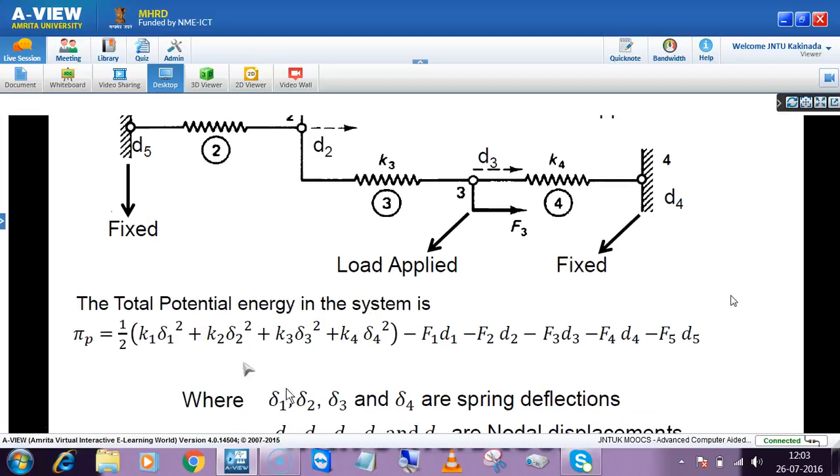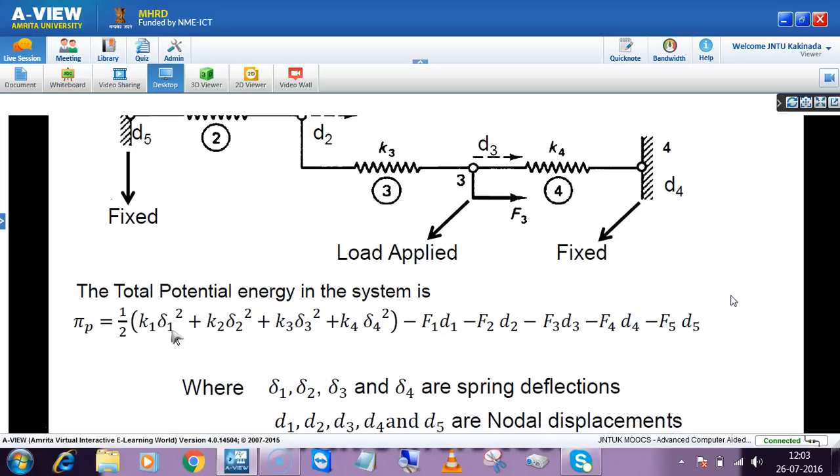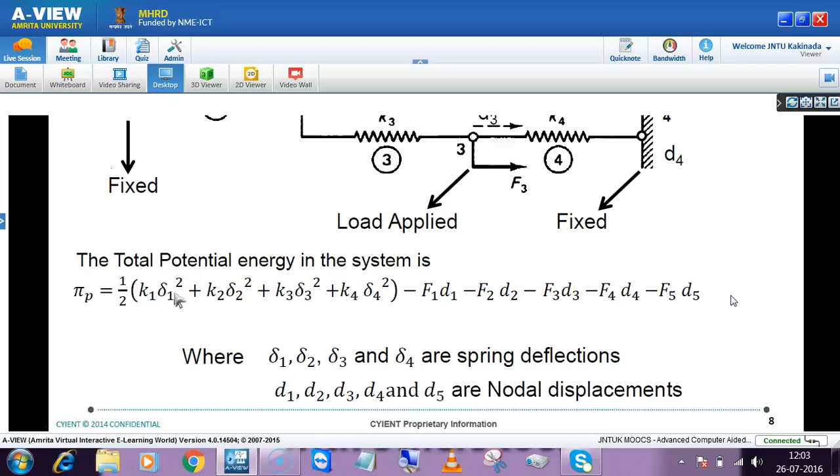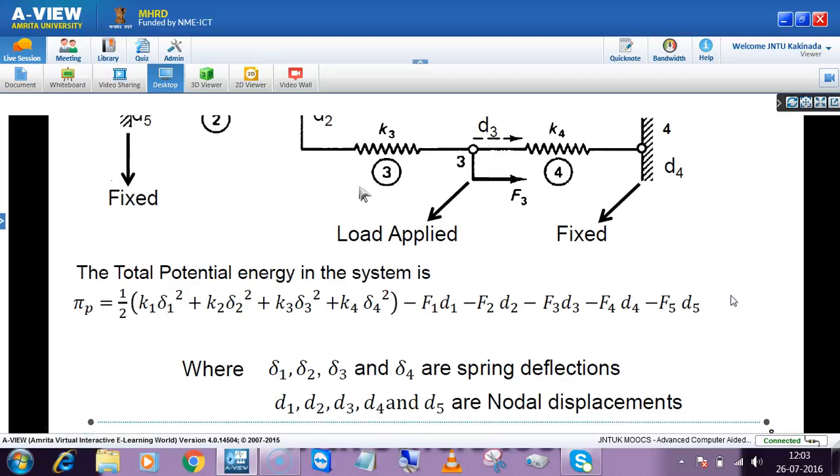Here we should not confuse between delta 1 and D1. Delta 1, delta 2, delta 3, delta 4 are deflections in the springs, whereas D1, D2, D3, D4, D5 are nodal displacements.